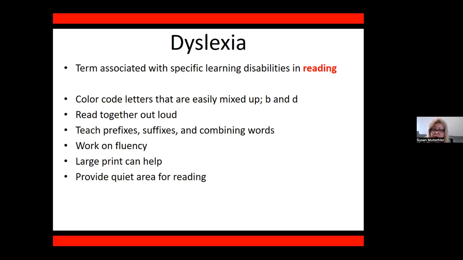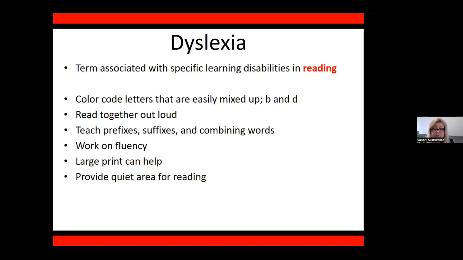A lot of us have heard of dyslexia. It's a term associated with specific learning disabilities in reading, where they will often mix up the letters or just struggle with reading. Some of the things are, you can color code the letters that are easily mixed up, like B and D. You can read together out loud.